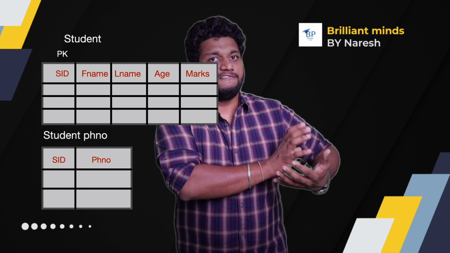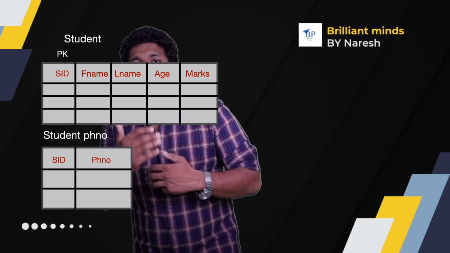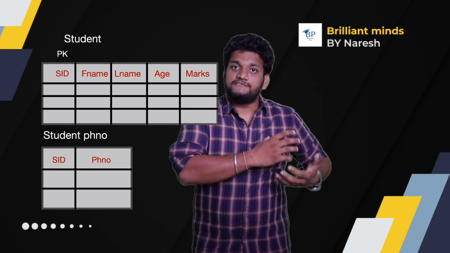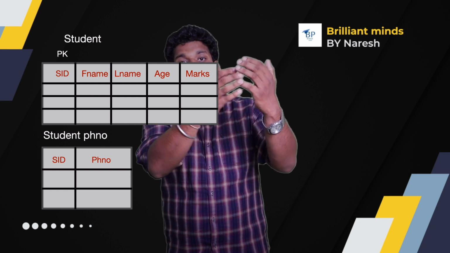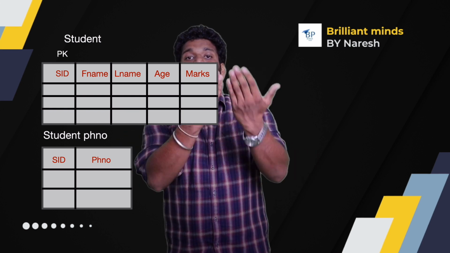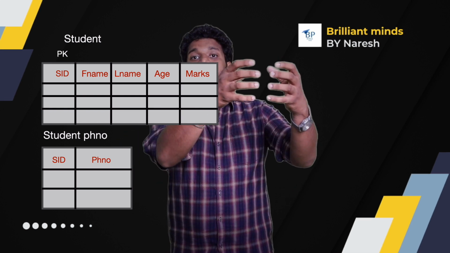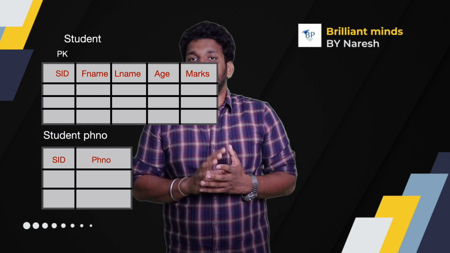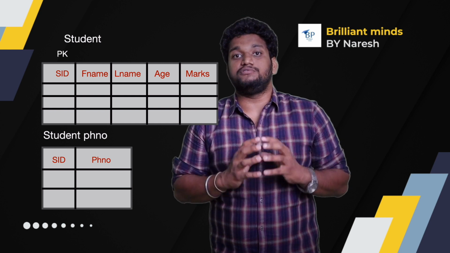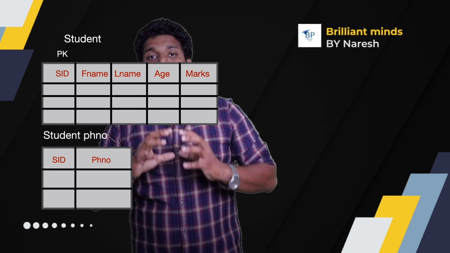Teacher will be having first name and last name. In the same way, student also will be having first name and last name. Here I will not give the student name. In place of student name, I will give first name and last name. I will take two different columns. In the first column I will give first name and in the second column I will give last name.